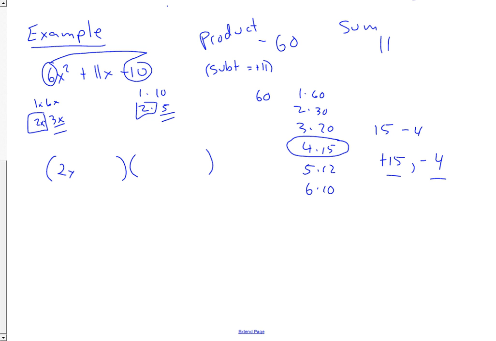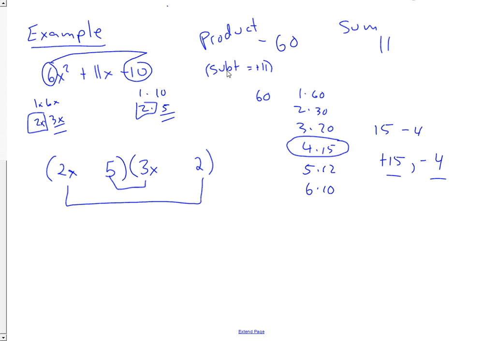Okay, and as far as pairing them up, think of your FOIL method. You have outer and inner. So my 2x is going to be the outer because that was the first, and now I need to go with the last. So 2x is matching up with 2, so I need the 2 there. The 3x is matching up with the 5, and that's going to fill in this inner here, so I need the 5 there.